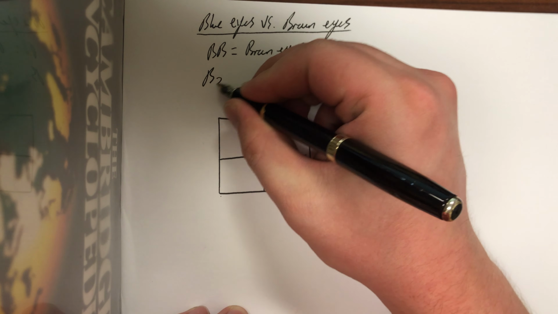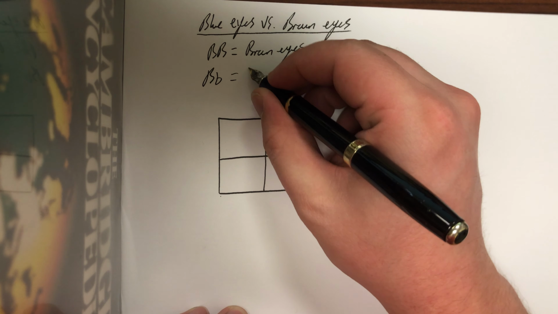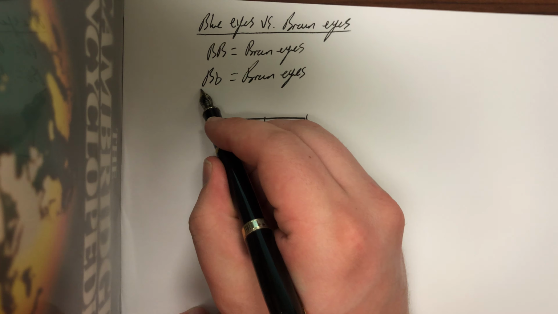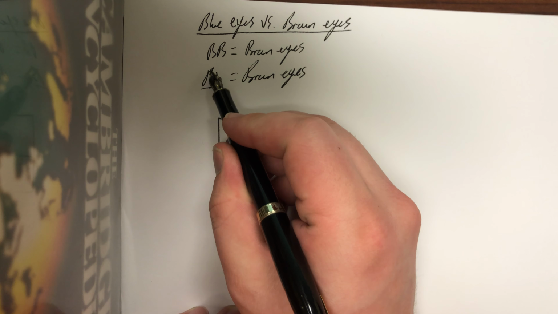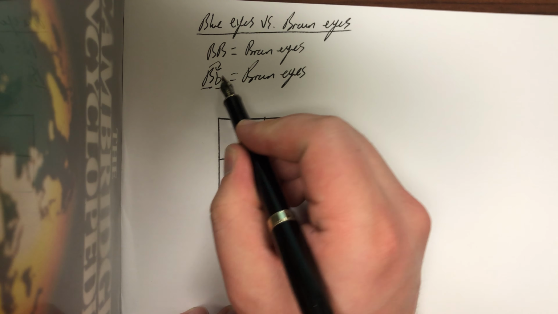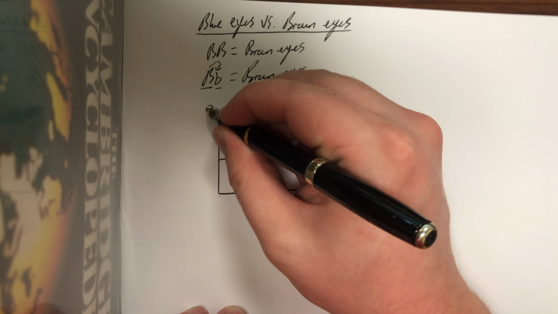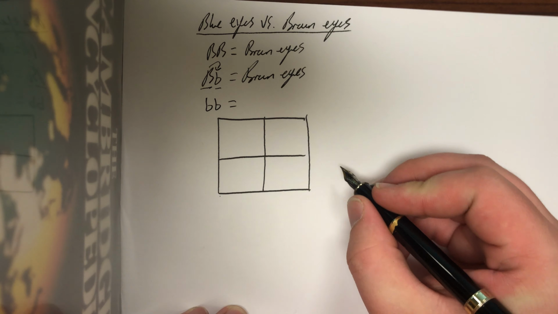A dominant and a recessive trait will still yield brown eyes, because while we have one dominant and one recessive, the dominant always trumps the recessive, resulting in the dominant trait. And the only way to have blue eyes is to have two recessive traits.